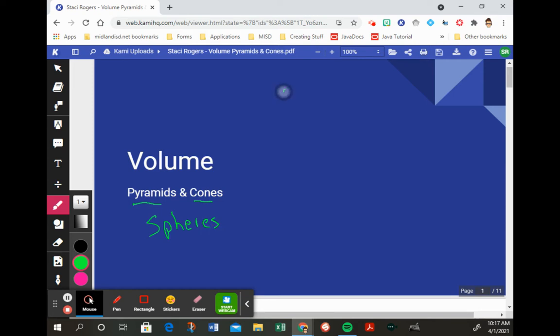So a pyramid comes to a point. It looks something like this. So we have our basic shape here. There's our pyramid. Okay. A cone also comes to a point.